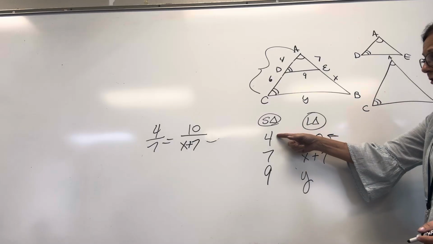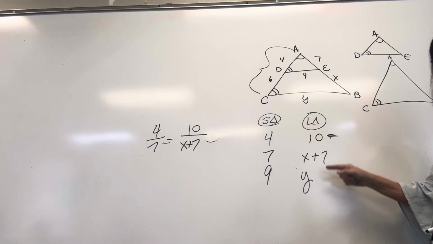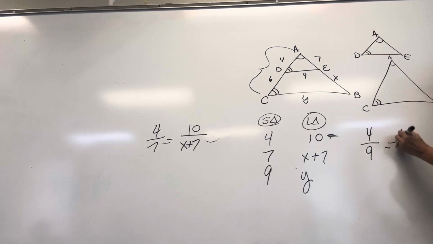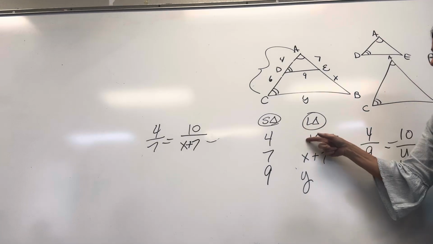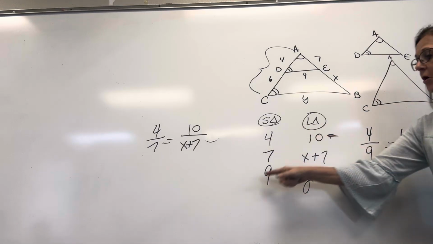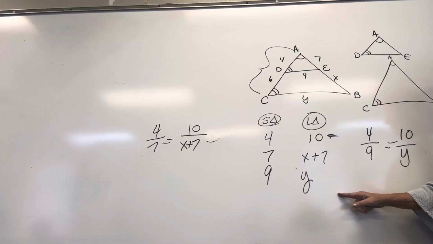And then I'm going to go back and use 4 with 9 and 10 with y. Do y'all see that? I'm always going to use this row with this row. Then I'm going to use this row with that row. Got it?